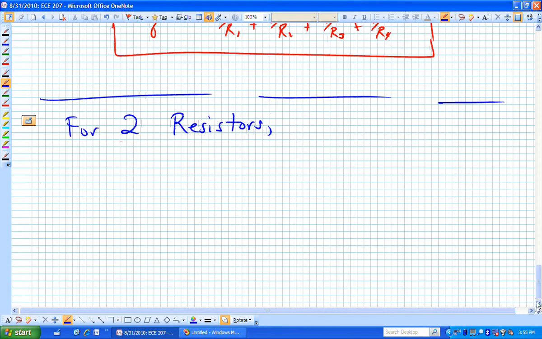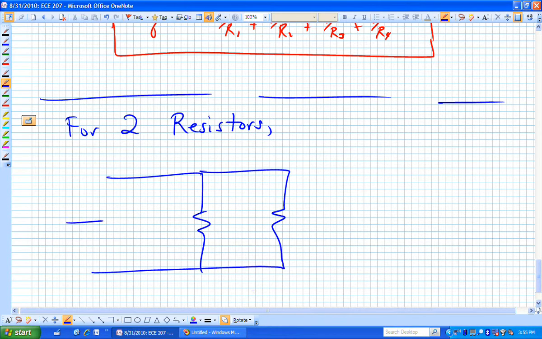If we wanted to replace these two resistors that are in parallel with each other with one resistor, that's what I mean by R equivalent, looking into these two terminals or nodes.